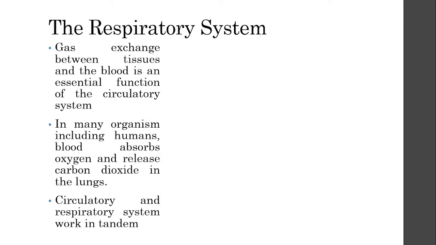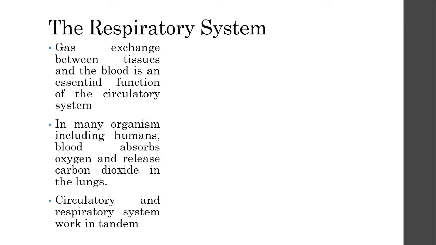The respiratory system, again, is what allows our body to breathe air for the oxygen, as well as release the carbon dioxide which our cells create during cellular respiration. Remember, carbon dioxide is a waste product, which means we have to remove it from our body.